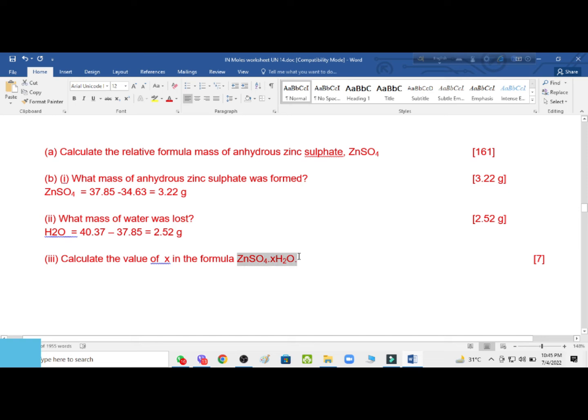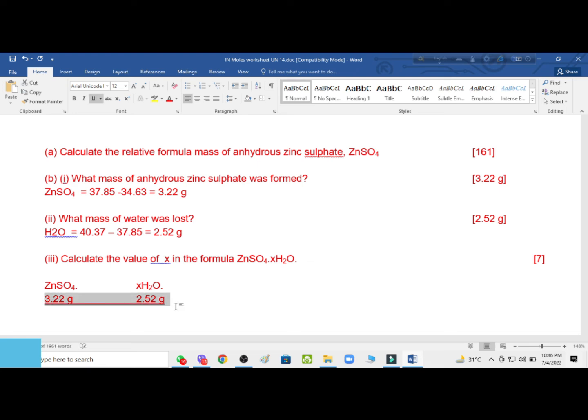Very simple. When you have the masses of these two, then the thing is very simple. This is the zinc sulfate. I write here zinc sulfate, and this is the mass of water alone that we need. So we're going to divide them by their respective molar mass.